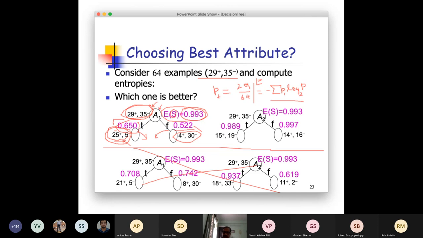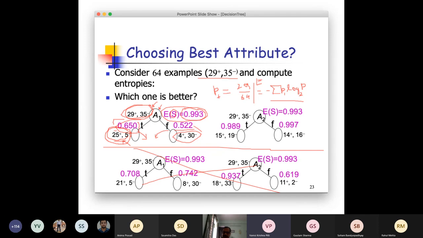If entropy is zero, then given any training example I can immediately say, because all are positive, I know this. That information is sufficient.